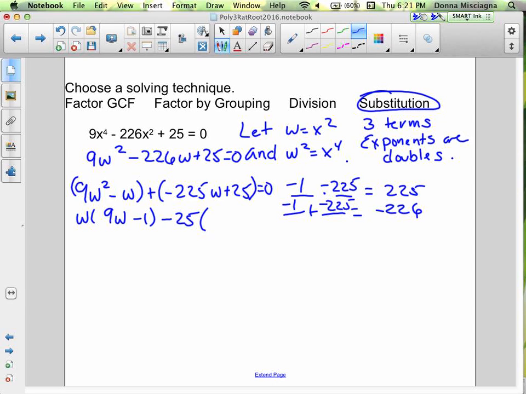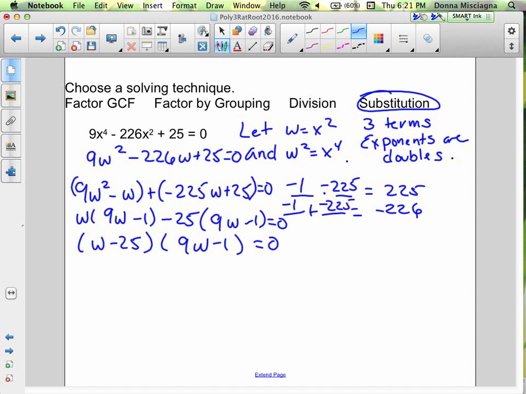Negative 25 goes into negative 225 nine times. We just multiplied that. 9 times 25 is what we multiplied to get 225. So we have 9w, and negative 25 divided by negative 25 is a negative 1. All right, so what we pull out is one factor, w minus 25. And then we have the repeating 9w minus 1.